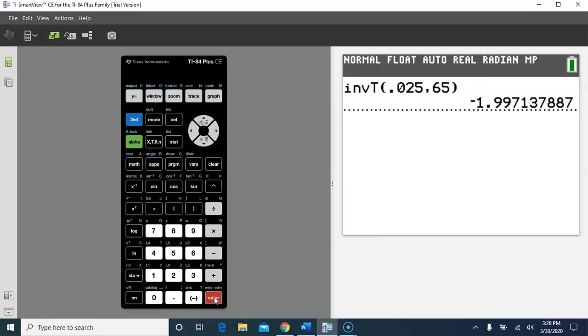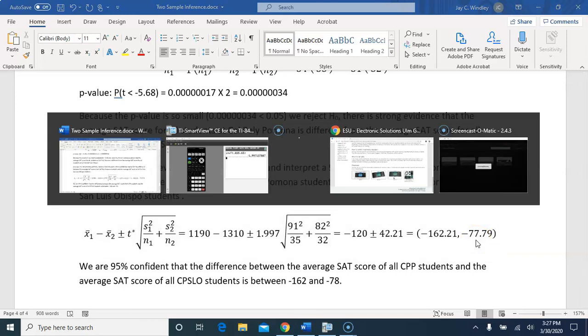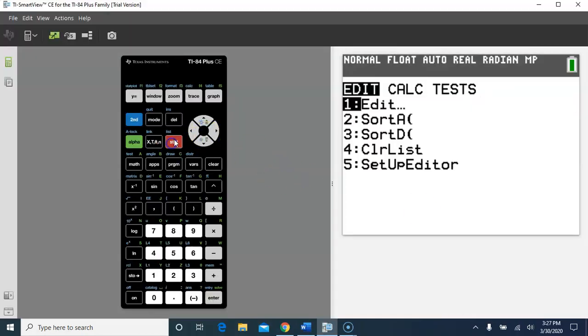We get a t star of 1.997. So that's why this one here. And then this is the same radical that we had before. So this is -120 plus or minus our margin of error, which gives us a confidence interval from -162 to -78 roughly. And then we can verify that also on the calculator.